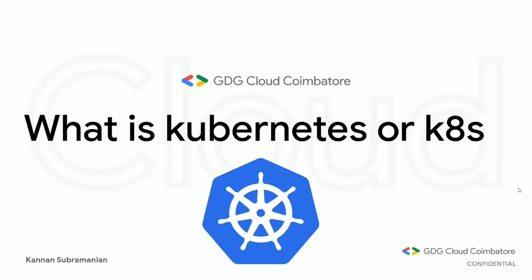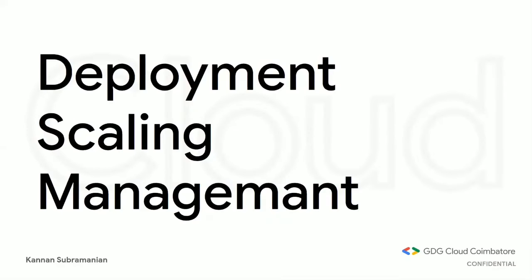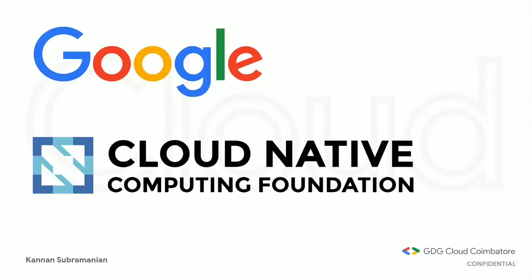Kubernetes is an open source container orchestration system for automating application deployment, scaling, and management. The main thing is it can run a cluster as a mode, which can be monitored and managed by Kubernetes as a tool and orchestration engine. Kubernetes was developed by Google, and now it is maintained by the Cloud Native Computing Foundation.